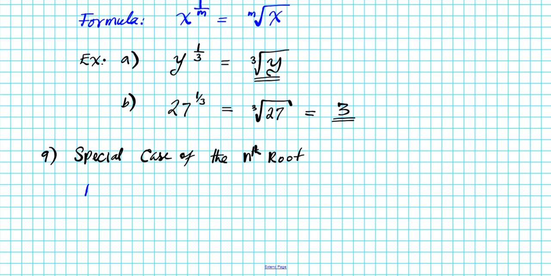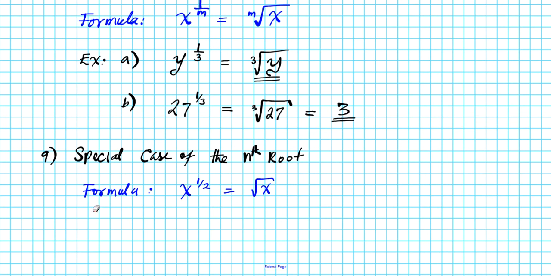If you have a real number x raised to the 1/2 power, this can be written by applying the nth root property. But what makes this special is that when you write it in its radical form, you do not have to put a 2 there. You just write it as the square root of that number that has the power of 1/2. So this is a special case of the nth root property.